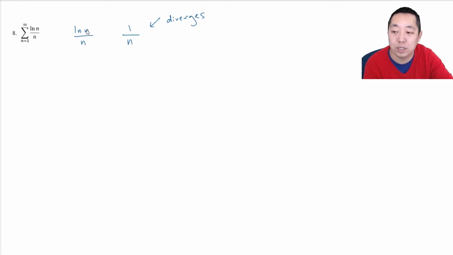Starting at around 3 or so, I know that this one is bigger. Because this one diverges, and these numbers are bigger than all of these numbers, if I add up these numbers too, this one must also diverge.